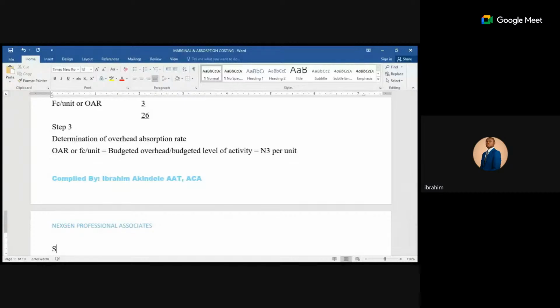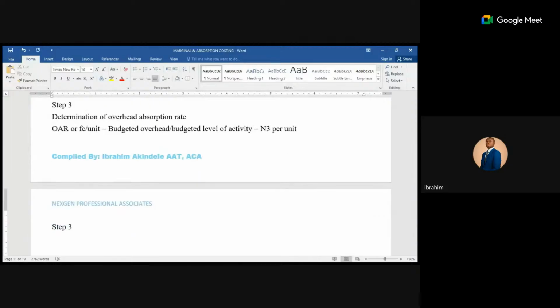Before you can compare them, they must have something in common, meaning the budgeted overhead must have an element of actual.